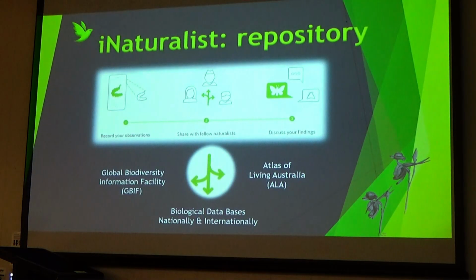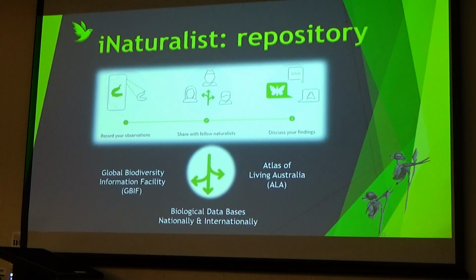Of iNaturalist itself, most people see it as they take an observation on their phone. They take a photograph, they load it up onto the website, and then there's a discussion of what you found. So people help each other with identification. But more importantly, every one of those observations goes into either an international database or a local database.